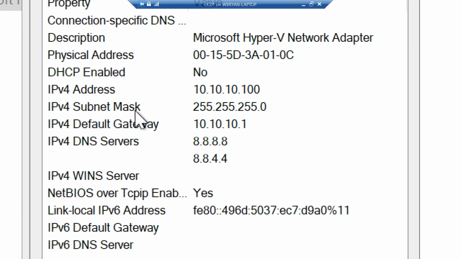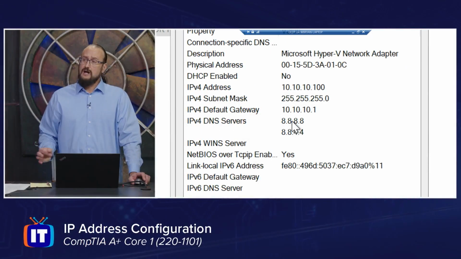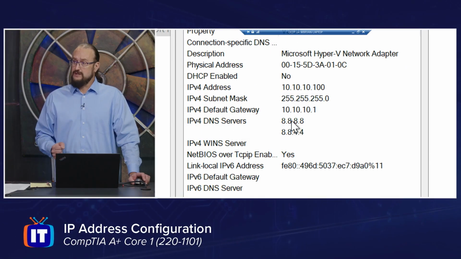Notice that we have an IPv4 subnet mask. It defines what network we're on. We have a default gateway. Which device do we send to? In this case, it's an IP address of the device. Who do we send that to when it isn't bound for our local network? Well, we send it to the default gateway. And then finally, we have our IPv4 DNS servers. Ronnie, this is how you set up your IPv4 configuration.